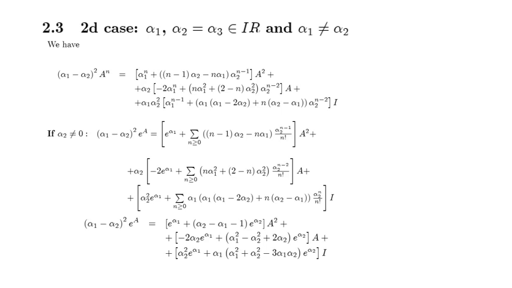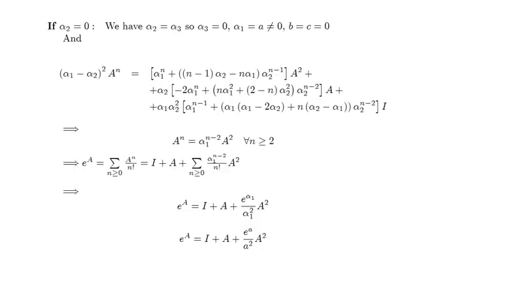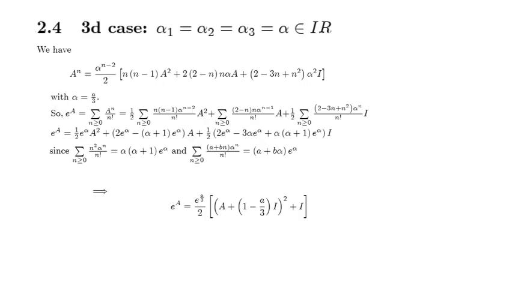So the exponential verifies this relation, and if alpha 2 equals 0, we have this formula of A^n, and the exponential is simply like this. Third case, if the three alphas are equal, the n power of A is like that, and alpha is equal to the trace of A divided by 3, and the exponential of A has this formula.